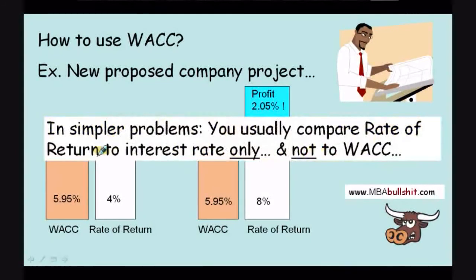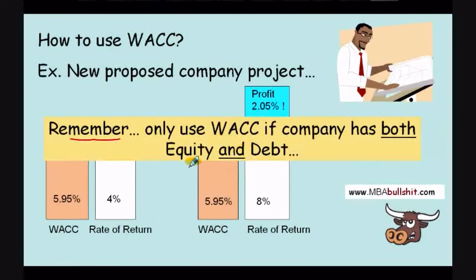Because in simpler problems, your professor might not give you enough information to compute the cost of equity, and instead he only gives you the cost of debt, or he only gives you the bank interest rate.